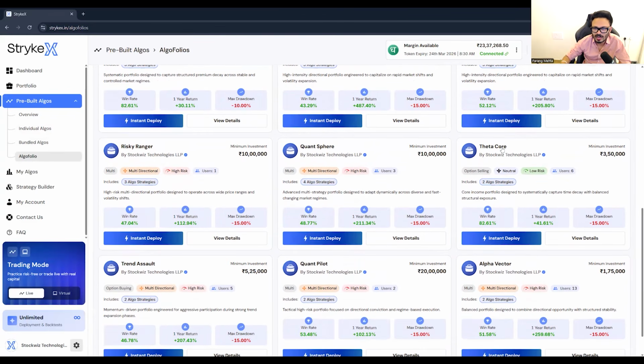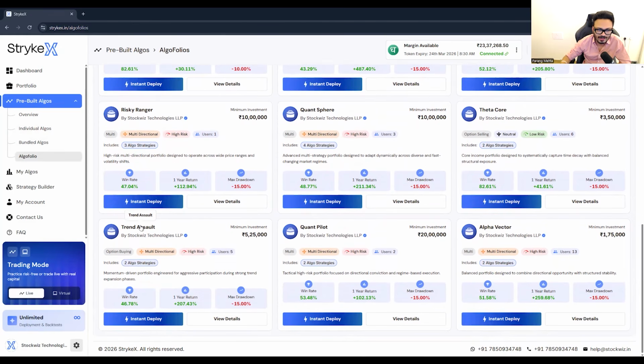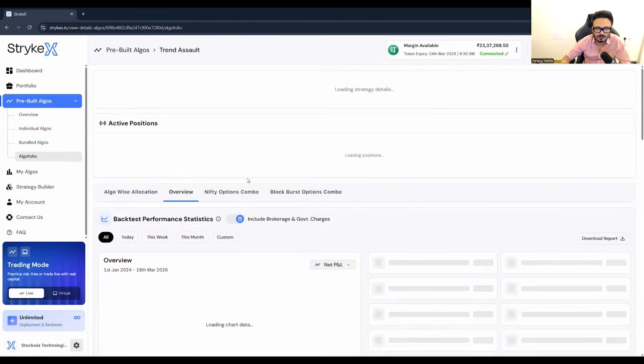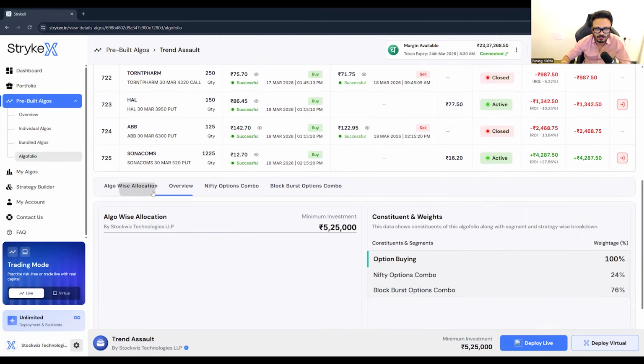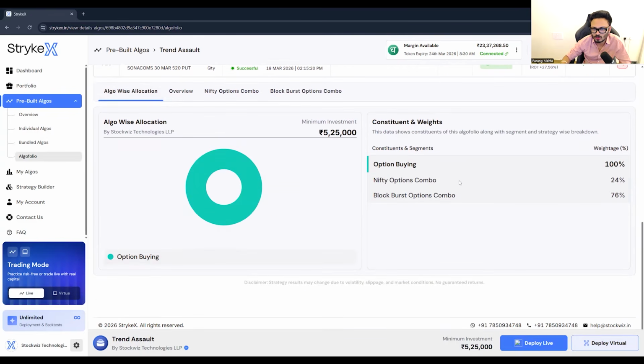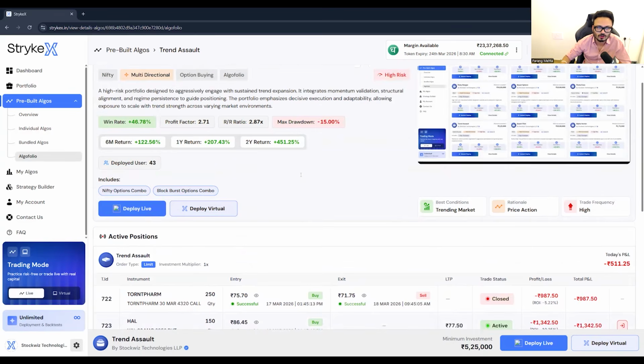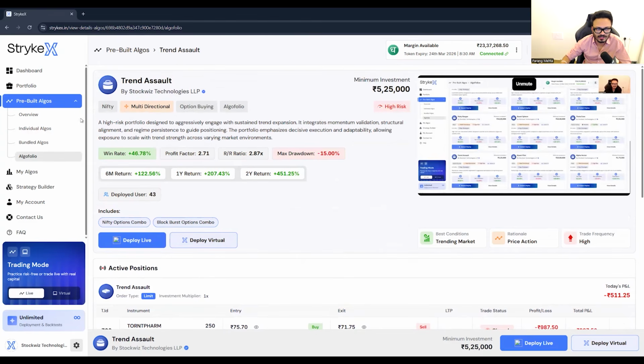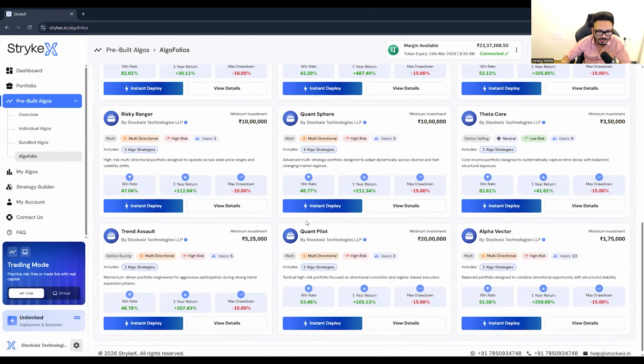And then we have a strategy called Theta Core. This is a low risk strategy. Then we've got a Trend Assault strategy also, which basically includes the Nifty options combo and the stock options combo. But remember, majority of your money is actually going into stock options. So that's basically what's happening in the Trend Assault algo folio.